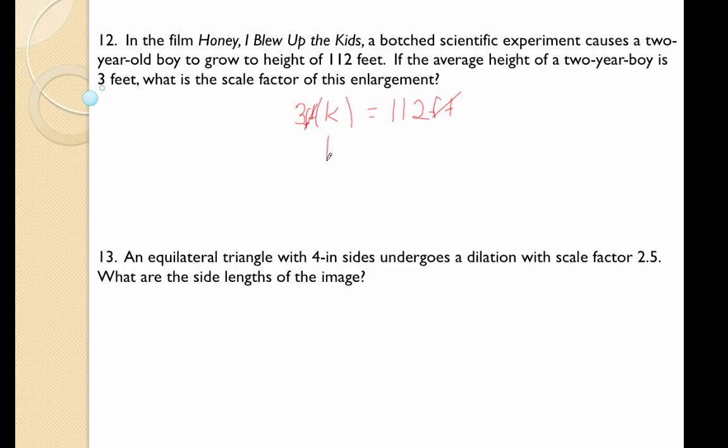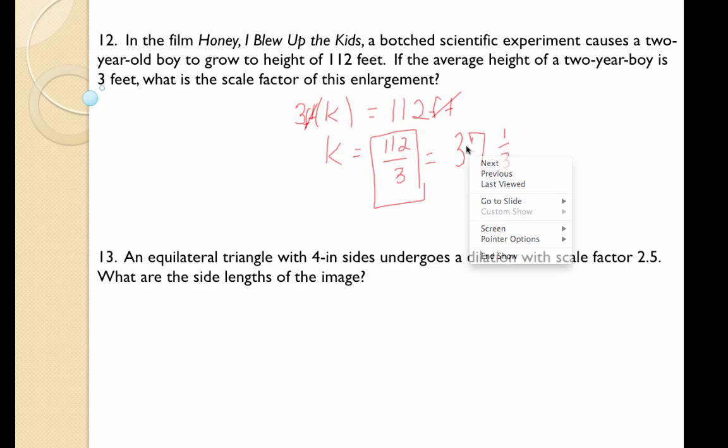So 3K is 112. So we would divide by 3. And really, that's as good an answer as any because this doesn't exactly come out, so I'm perfectly happy there. If you really want to, you could say 37 1/3. This is a somewhat better answer because this almost looks like you're multiplying, but whichever one you're more comfortable with, I'll understand what you mean.